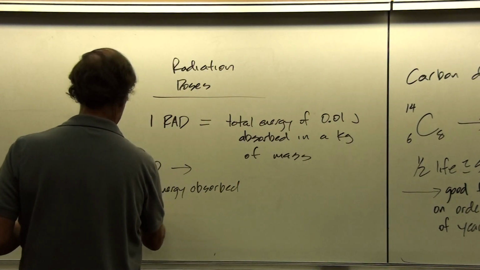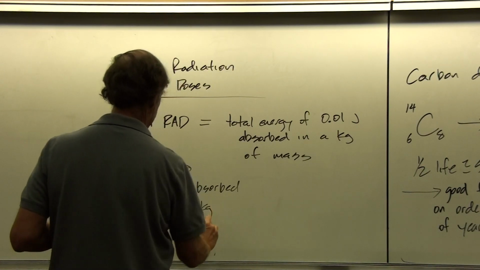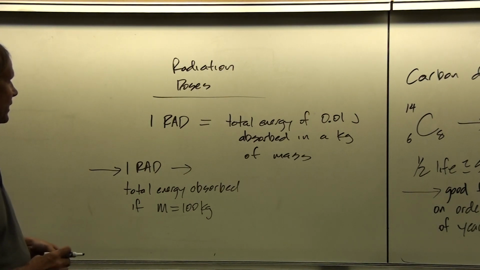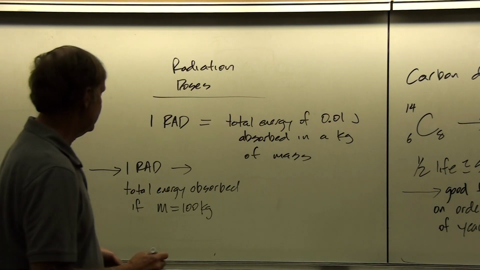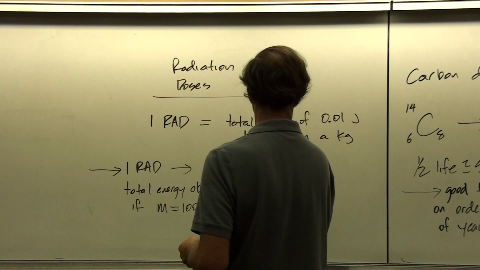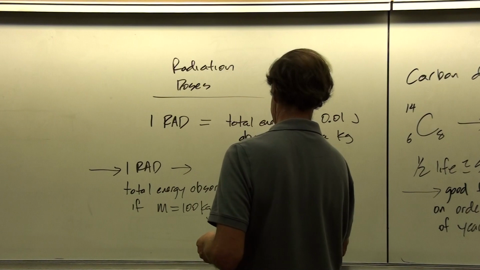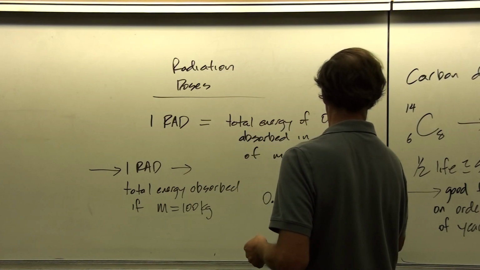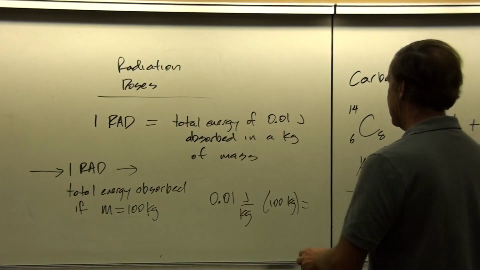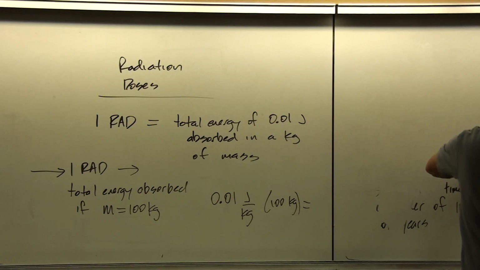If the mass, let's make a nice easy number of 100 kilograms, is absorbing that 1 rad of radiation, the total energy absorbed would be 0.01 joules per kilogram times 100 kilograms. That means 100 kilograms of mass that receives 1 rad of radiation is going to get 1 joule of radioactive energy absorbed.